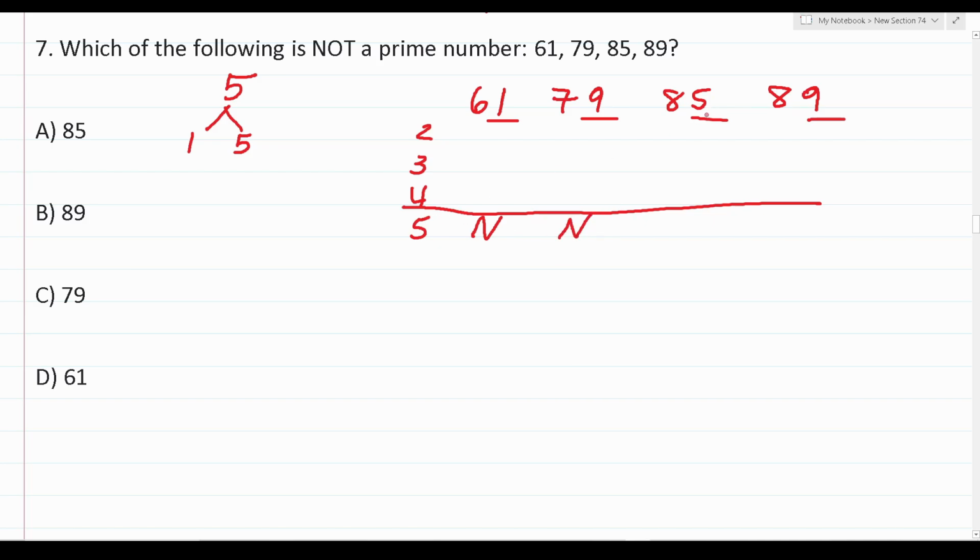In 85, the last digit is 5, and according to the divisibility rule for 5, this means 85 is divisible by 5. And since 85 is divisible by something other than 1 and itself, we know that this is not prime. So the answer to this one is A, 85. All right, so that's that one.